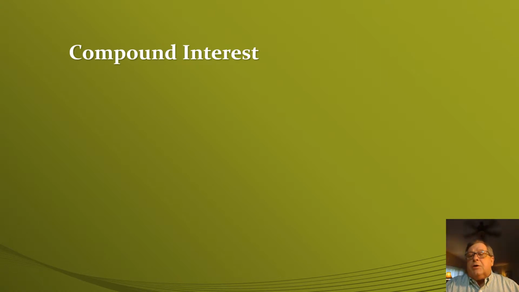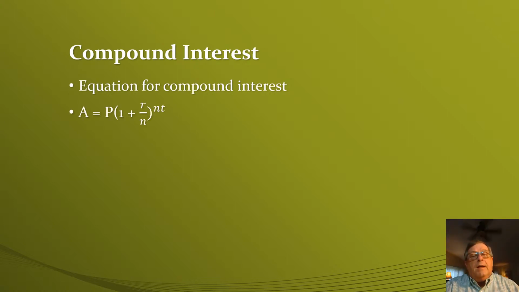So let's first look here at the variation of this growth rate function. So our equation is A equals P times 1 plus R over N raised to the power of N times T. And let's go over what each of these variables mean. Well, A is the current amount.